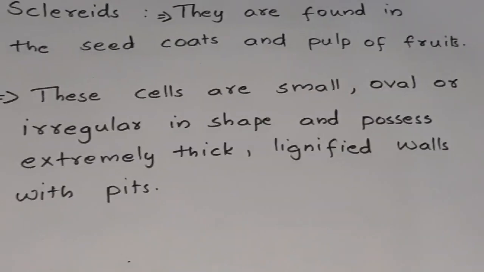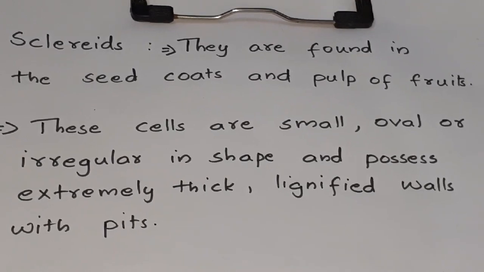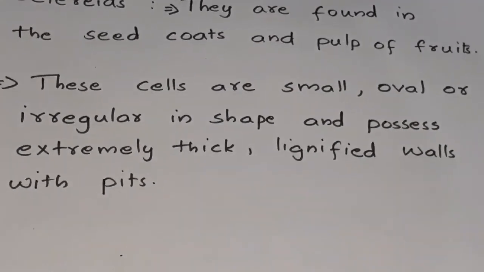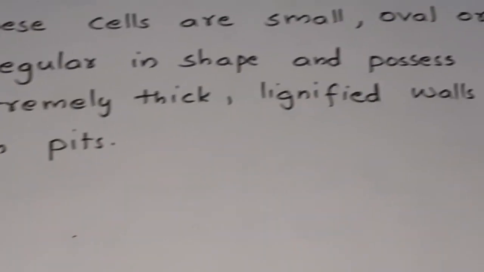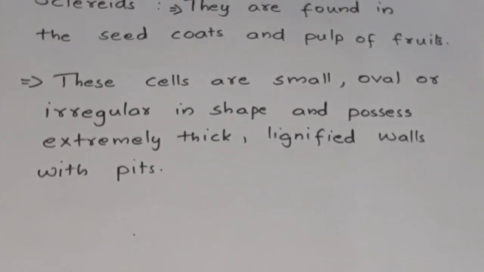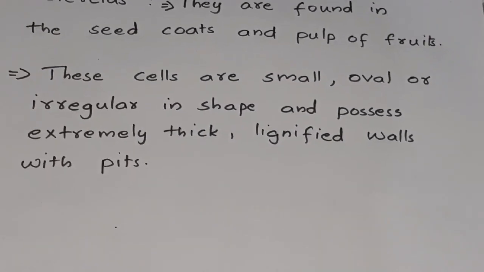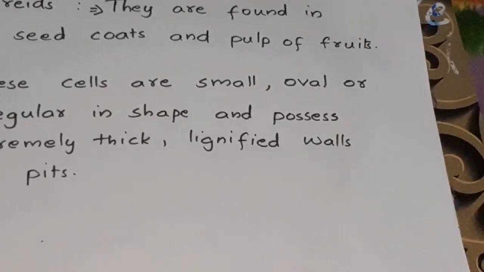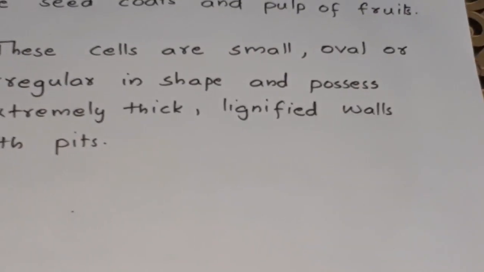This is a type of sclerenchymatic cell. Here are the properties: these cells are small, oval or irregular in shape and possess extremely thick lignified walls with pits. Pits means small dips. Extremely thick and lignified: we have seen lignin previously. The cells are connected to each other by a paste called lignin.